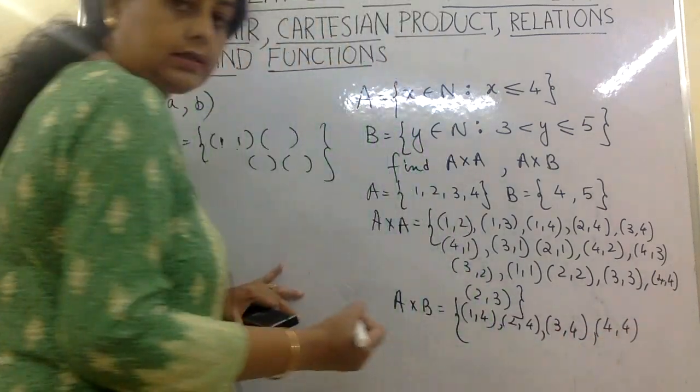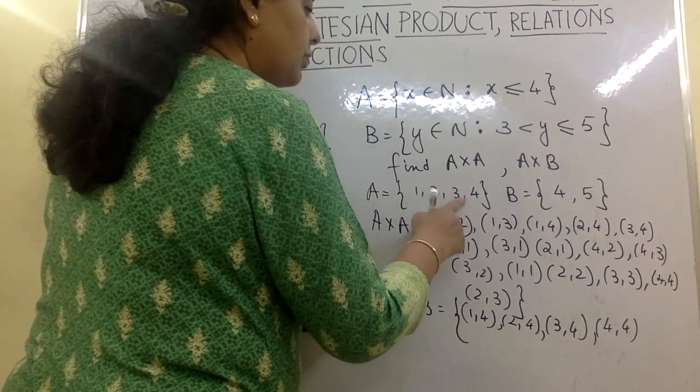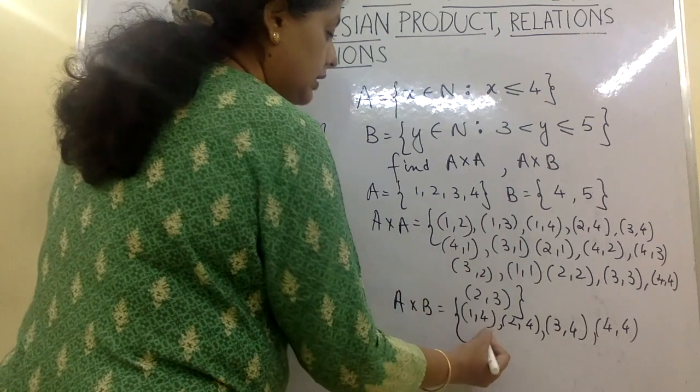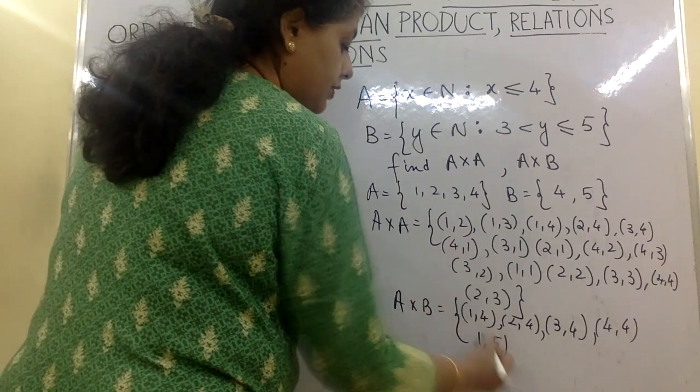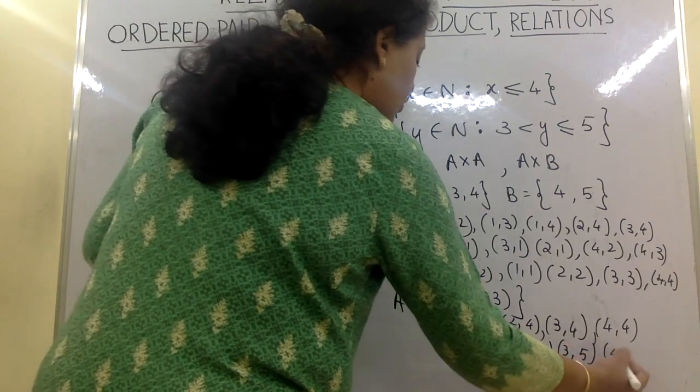And then we are going to get 1 comma 5, 2 comma 5, 3 comma 5, 4 comma 5.